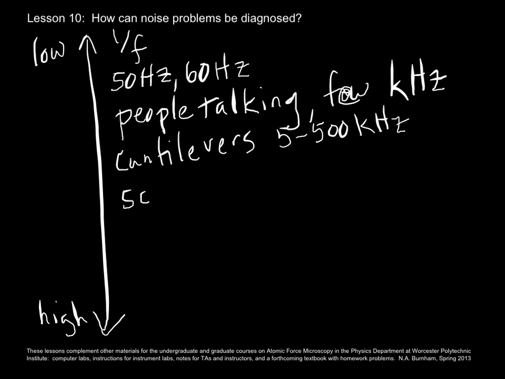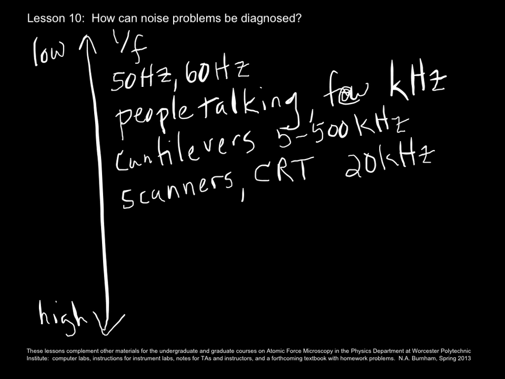These scanners, and the old-fashioned cathode ray tubes, they have a refresh rate of on the order of 20 kilohertz. That resonance you saw 2 slides ago, that's a consequence of electronic filtering.